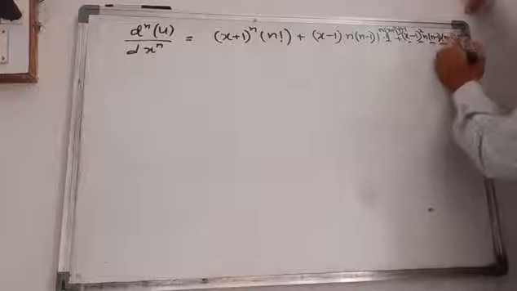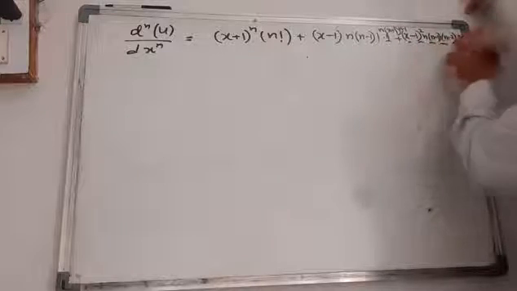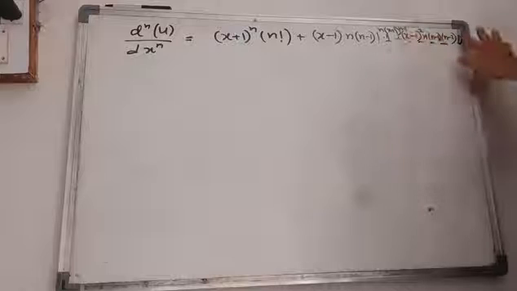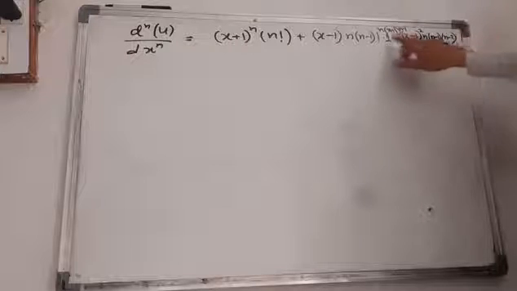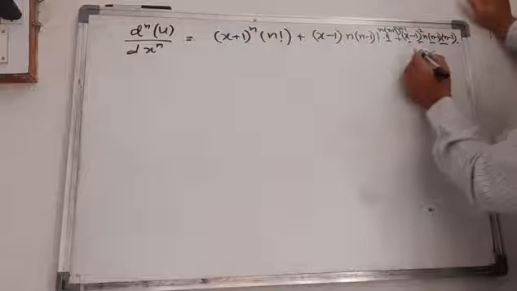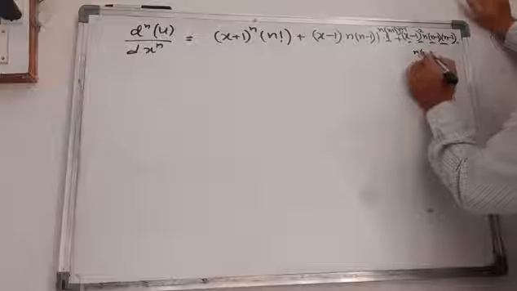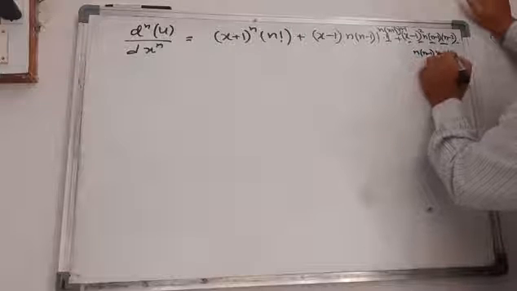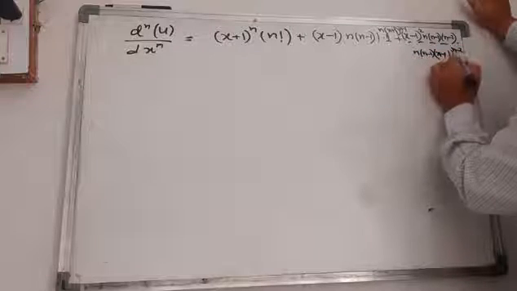So here n into n minus 1 into x plus 1 whole power, like that you will get. It goes on. Here won't get 0. You will get n into n minus 1 into x plus 1 whole power n minus 2 will get, plus and so on.